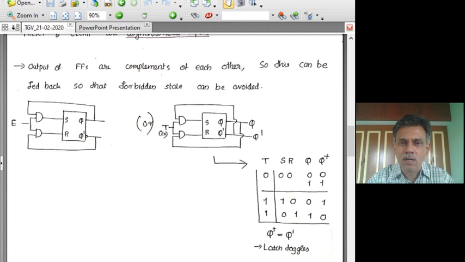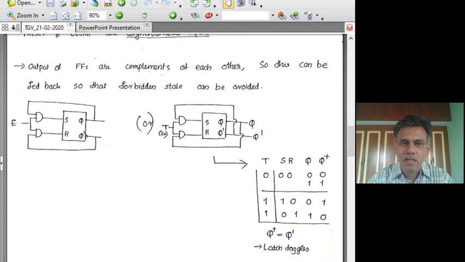So this is a 1 0 condition for the S and R inputs of the SR latch, which is a set condition, as a result of which Q plus will be made equal to 1, or the flip flop is being set. Originally it was 0, now it is changed to 1.